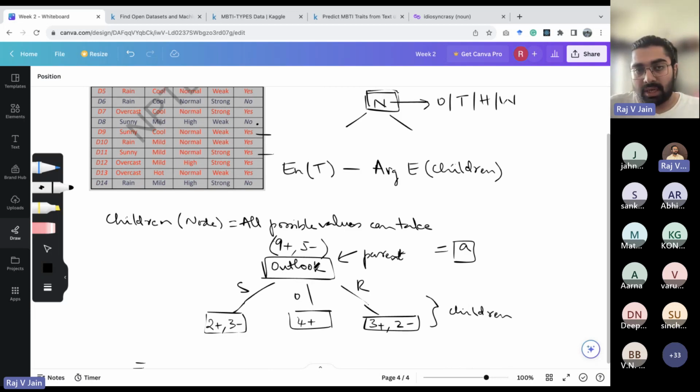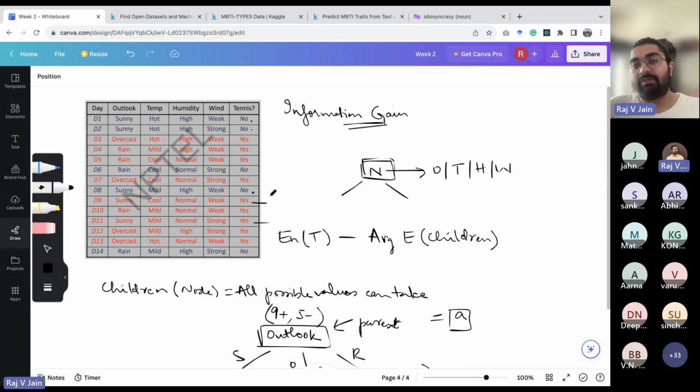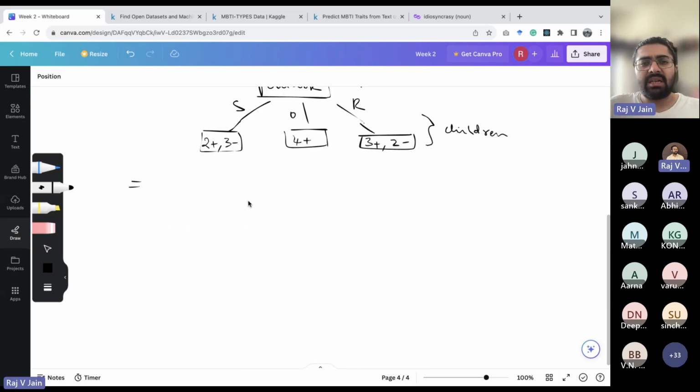When I'm choosing outlook, I don't use the outlook variable's entropy. We're always looking at the tennis variable's entropy. We want to gain as much information as possible about the outcome that we want to predict. We don't really care about the entropies of these guys; rather, it's about the output variable that we want to know about.